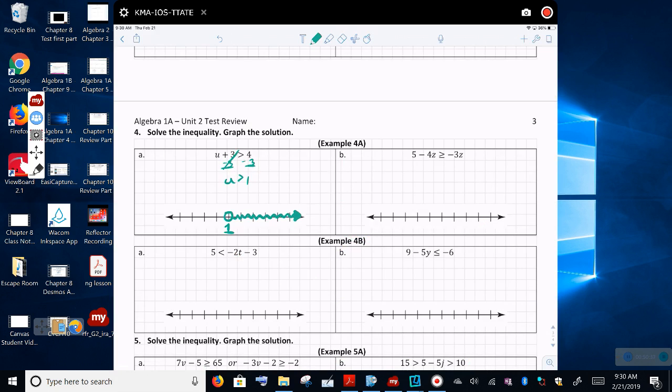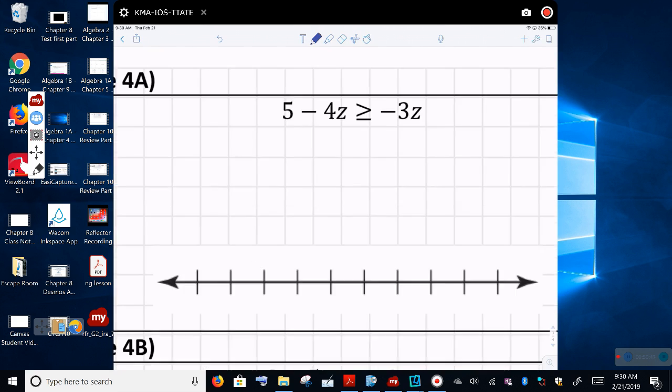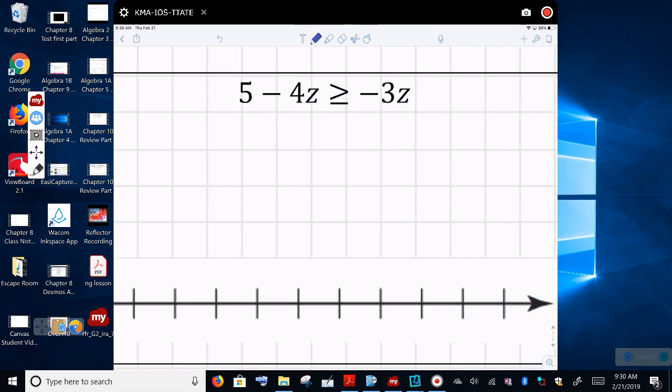Cool. And B, just slightly tougher because there's a few extra steps, but there's no fractions or anything that's that much extra there. Zoom in on that. What do I have to do here? Add 4z. Is that what you mean? Yeah, we could add 4z.